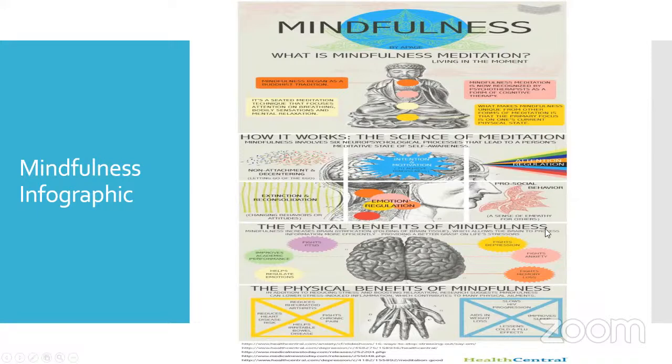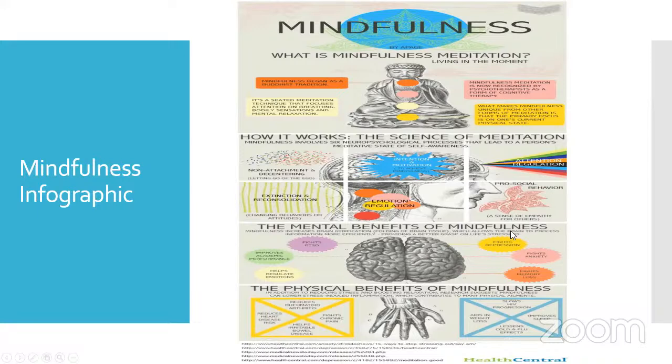Now, how does it work? Non-attachment and decentering, letting go of the ego, then intention and motivation to achieve mindfulness, and attention regulation. This is what the infographic is telling you.